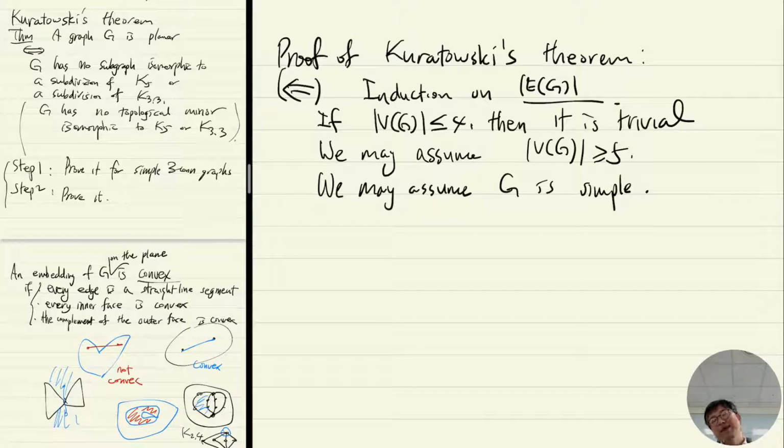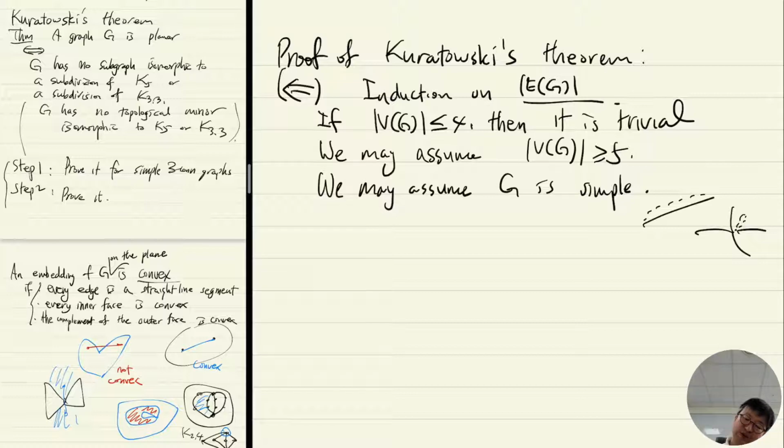If I have a parallel edge, I delete it, apply induction, I still have no topological minor isomorphic to K5 or K3,3, so we have a planar embedding, and then along with this edge, you can add a parallel edge, right? What about loops? Well, we can always draw loops. Delete the loop, find an embedding, and then add a loop. So I can assume the graph is simple.